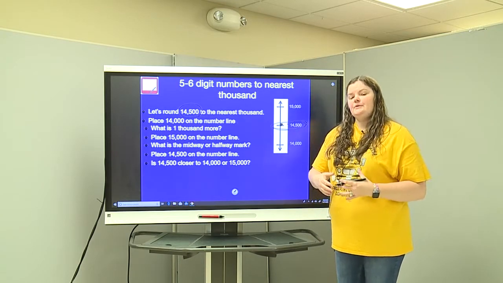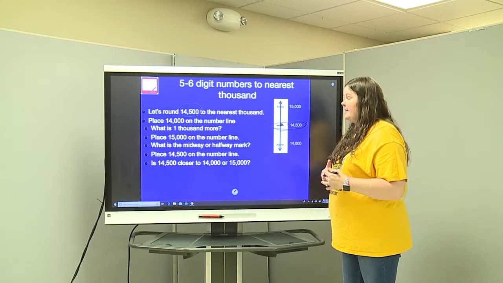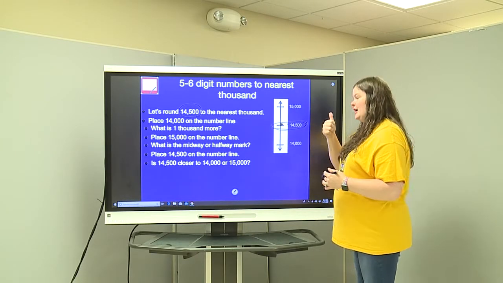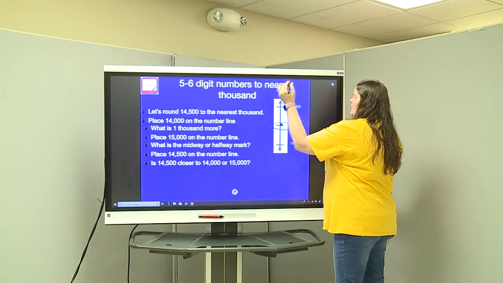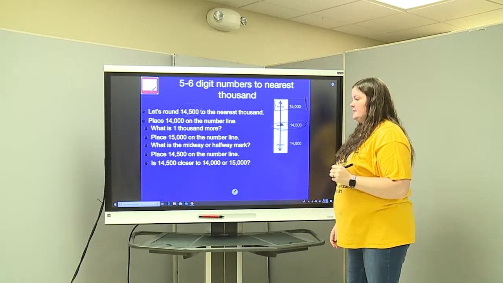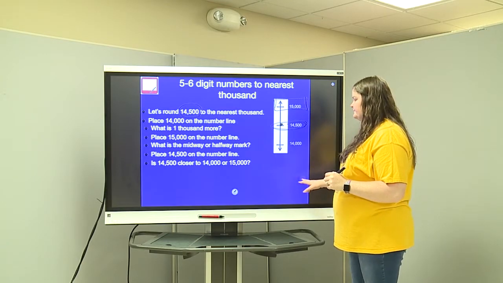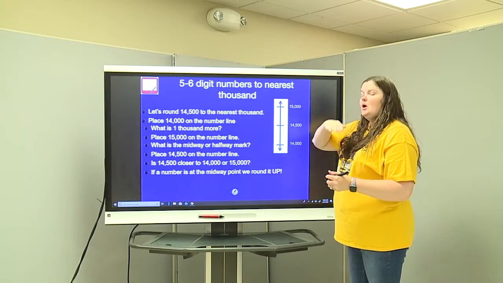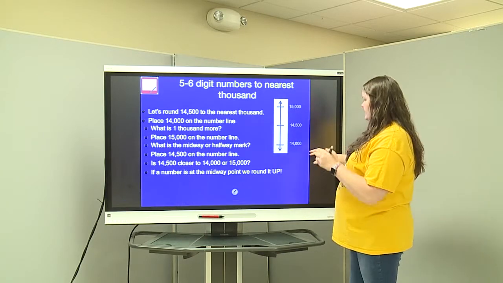Or do you think that it should go down to 14,000? Well, if it's in the middle, it's going to go up. So this particular number would round to 15,000. So that one's just a little bit tricky, but it would go up. If it's at the midpoint or higher, it's definitely going to round up.